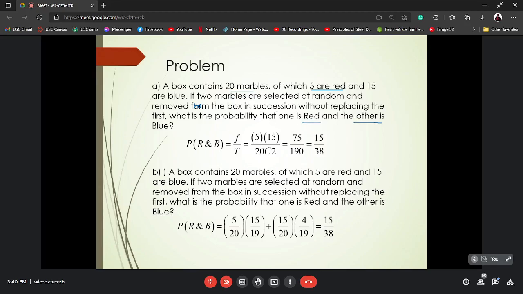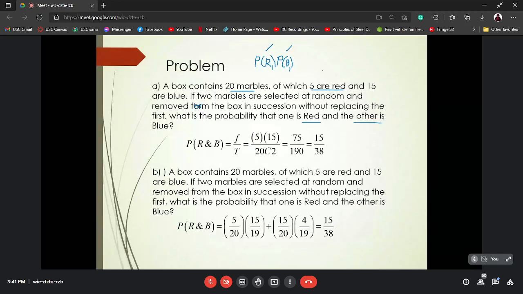So this is a case where you need one red and one blue marble. You can write the symbol for this as probability of red, then followed by blue. This expression is interpreted as: in the first draw, you get a red marble, and in the second, you get the blue marble.